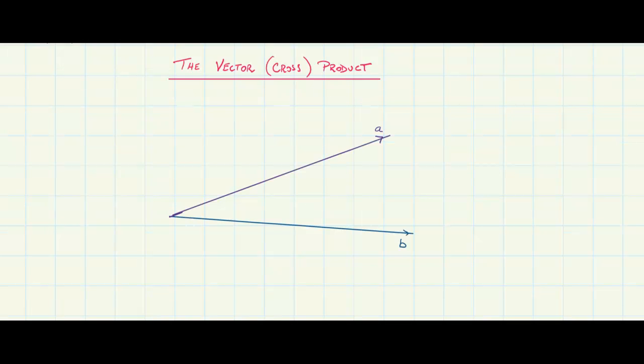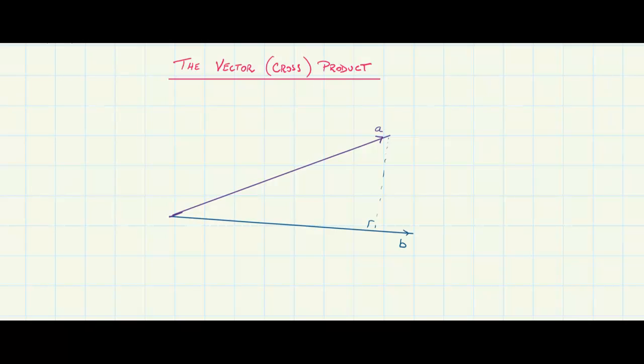Okay, so if the dot product works so that it looks at the parallel combination of two vectors, and you remember how that was done, A would be projected onto B like so, and we'd take this bit here of A and multiply it by B, and we'd have the dot product, which was AB times cos theta.